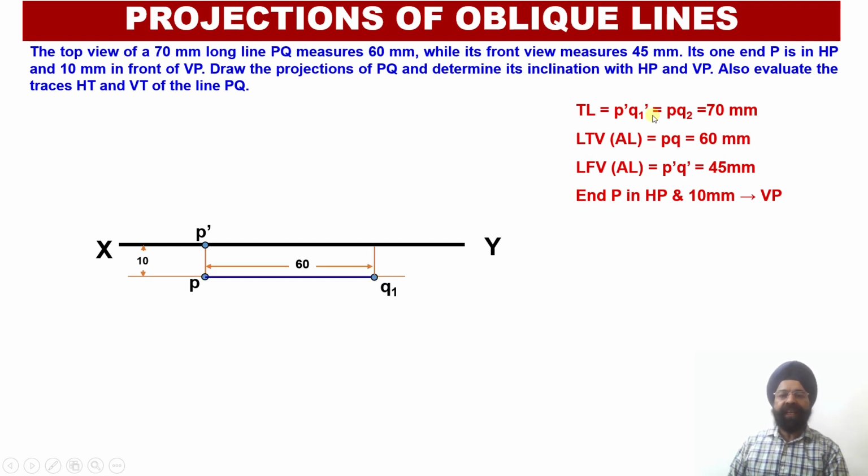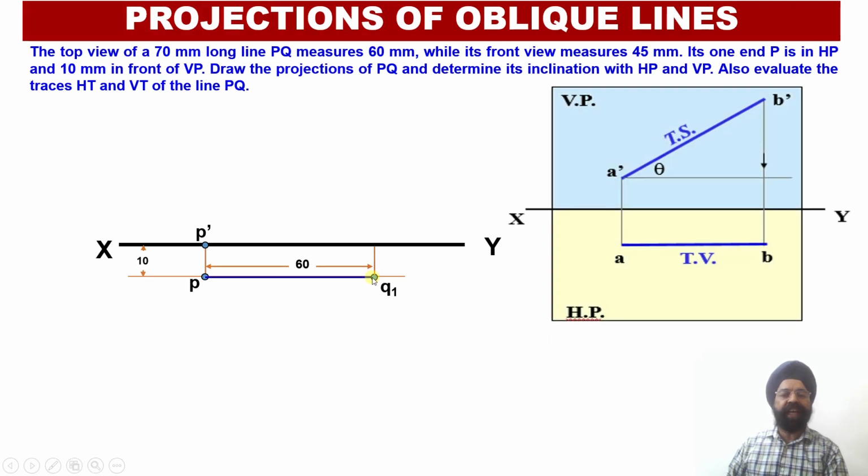I know that in the elevation I have got the point P dash Q1 dash over here. If I have to obtain the true length as P dash Q1 dash, the name of the point corresponding to the plan projection which is parallel to the vertical plane will be Q1, because this point I have named as Q1 dash.